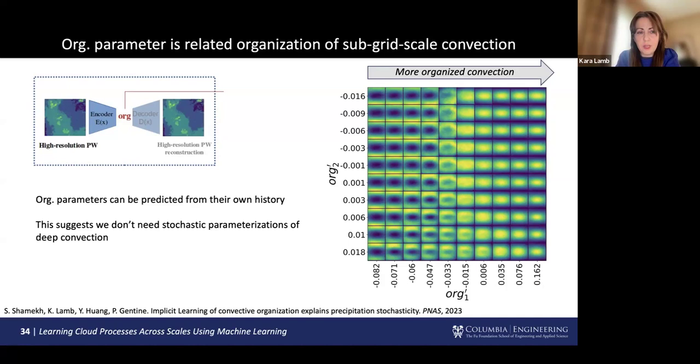So overall, because we're able to significantly improve this prediction of precipitation, this suggests that using a purely stochastic parameterization for deep convection is likely unnecessary. We could probably do much better by including some information about the organization at the subgrid scale instead.